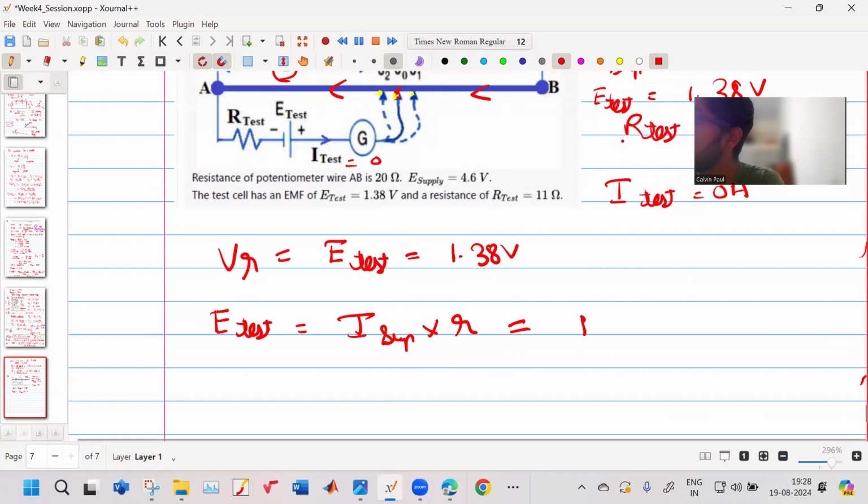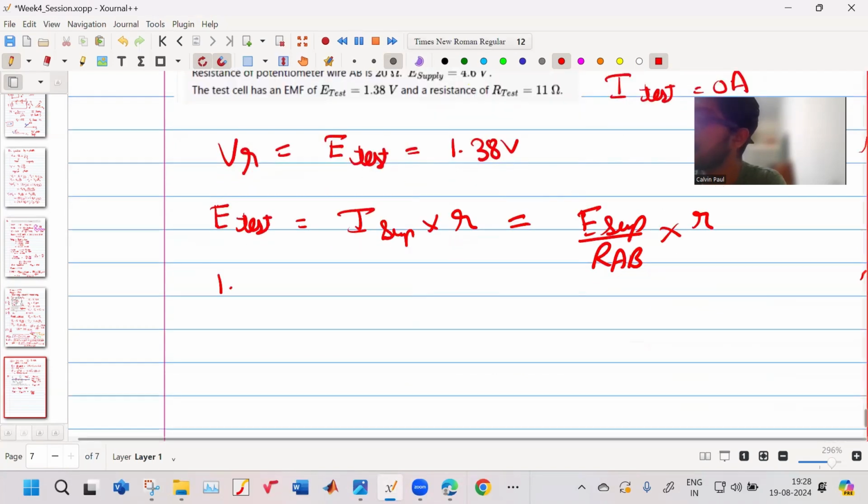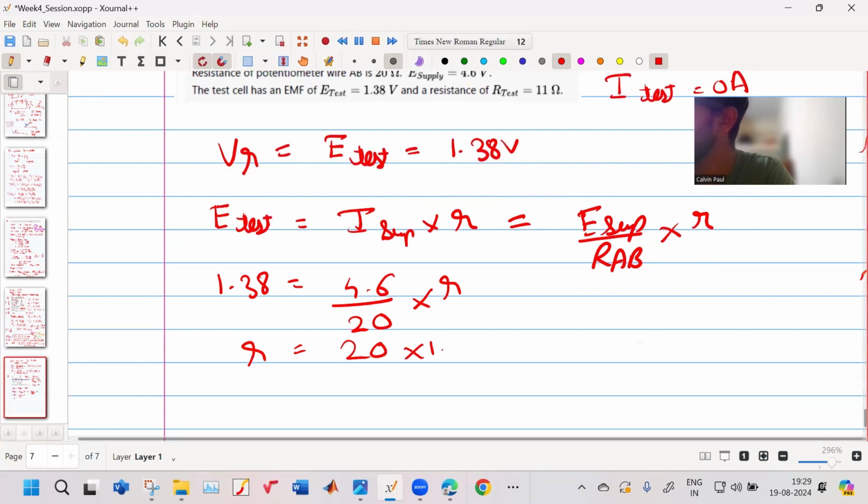That is equal to E supply by the resistance of AB. Your E test is 1.38, your E supply was 4.6, your RAB was 20 ohm. So this is your small r. So your R turns out to be 20 into 1.38 divided by 4.6. So how much is this resistance?